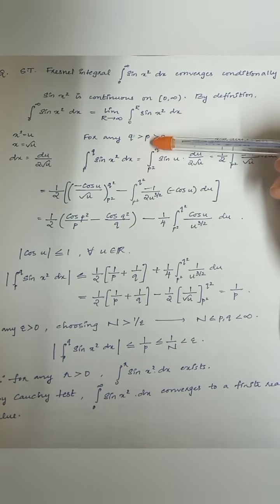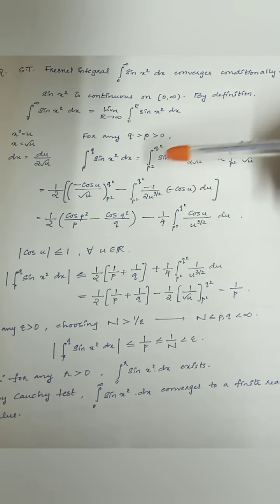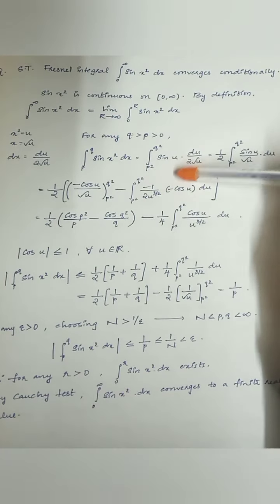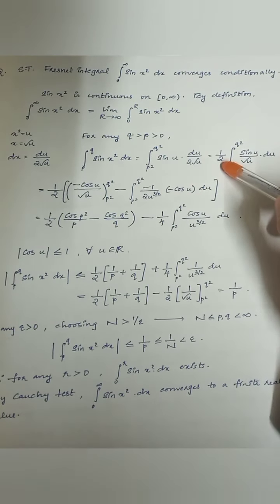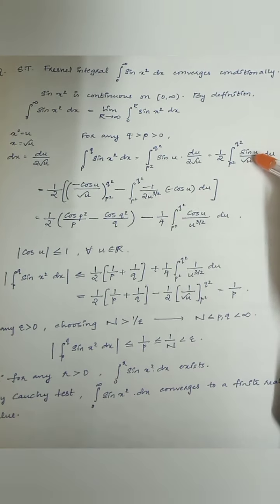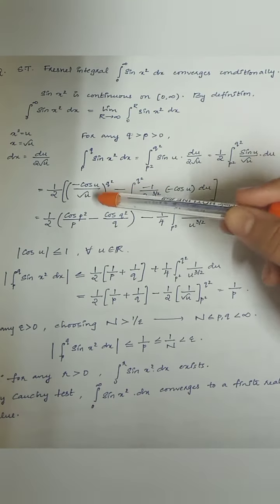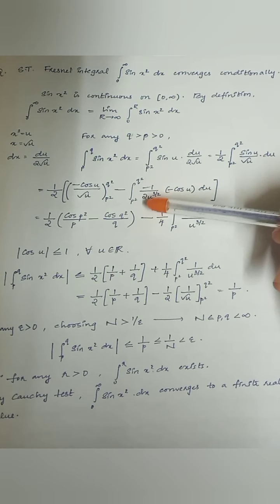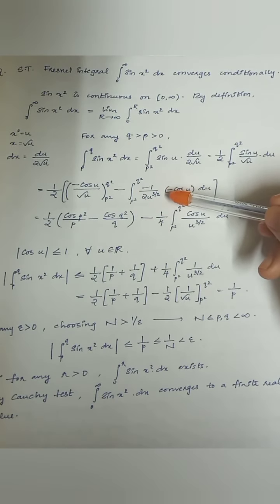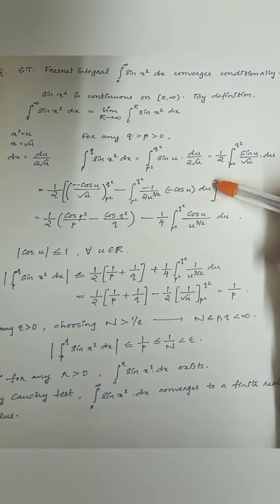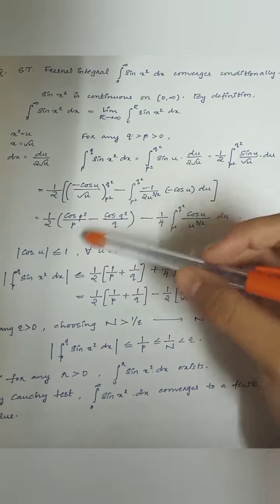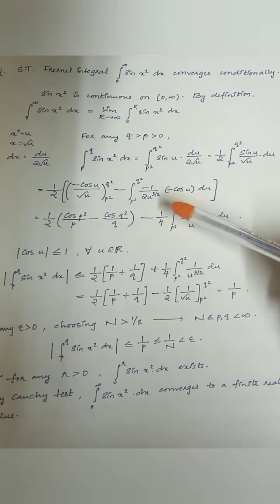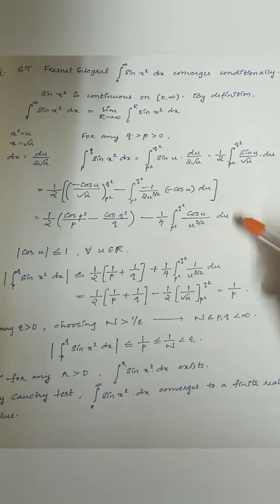Then for any q greater than p greater than 0, we have the integral from p to q of sin x² dx, which is equal to the integral from p² to q² of sin u du/(2√u), which is equal to 1/2 times the integral from p² to q² of sin u/√u du, which is 1/2 times [−cos u/√u] from p² to q² minus the integral from p² to q² of (−1/2)u^(−3/2)(−cos u) du, which is equal to 1/2 times (cos p²/p − cos q²/q) − 1/4 times the integral from p² to q² of cos u/u^(3/2) du.